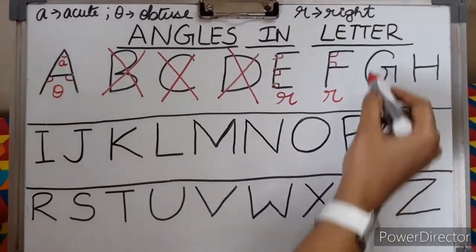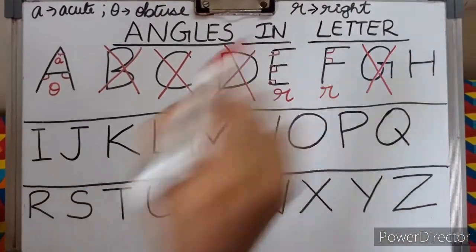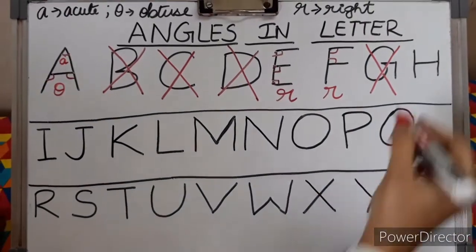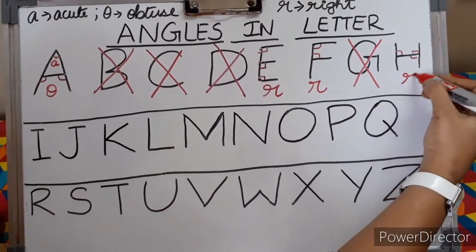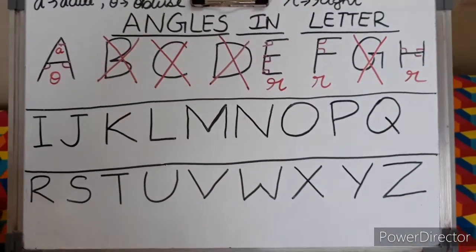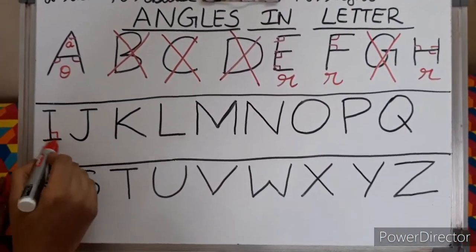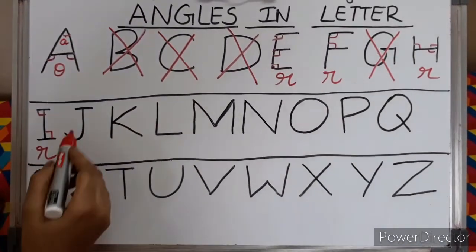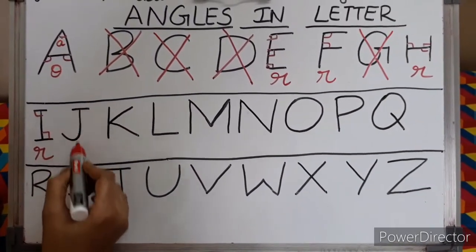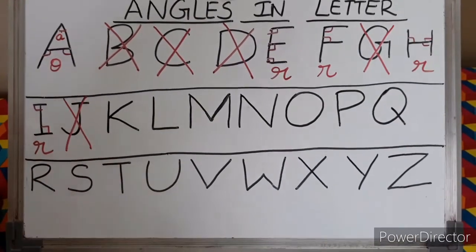G, here no angle is formed because there are no two rays. H, again you can see here, a right angle is formed in letter H. For I also the same, a right angle is formed. For J, you can see there are no two rays, so no angle is formed.